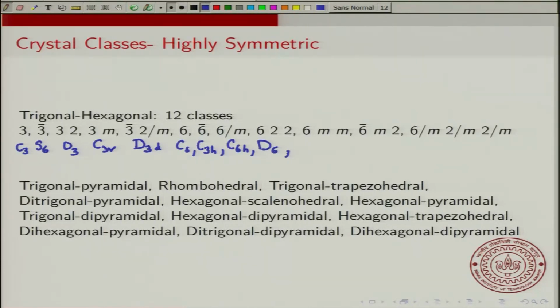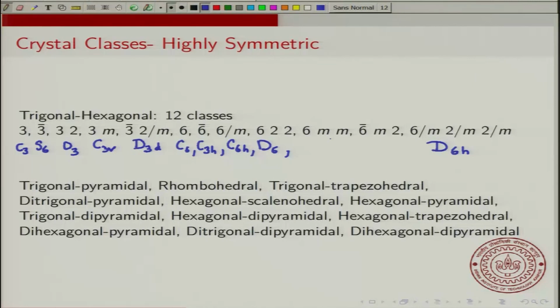Again, I do not expect you to know all these. However, you can tell by looking at the symbol that you have a 3-fold axis or a 6-fold axis. And so let me just list the last one. This one is called D6h. And we can just complete the set.